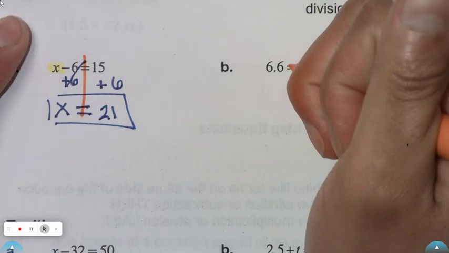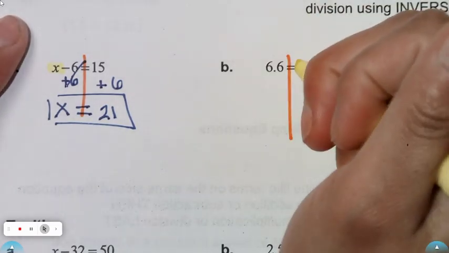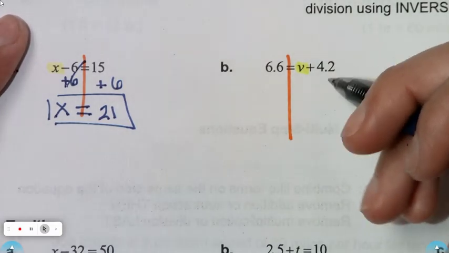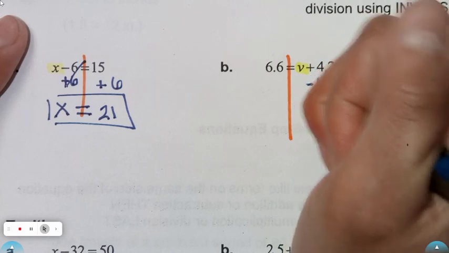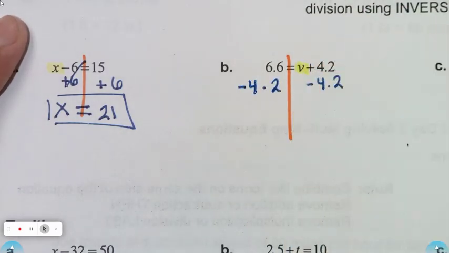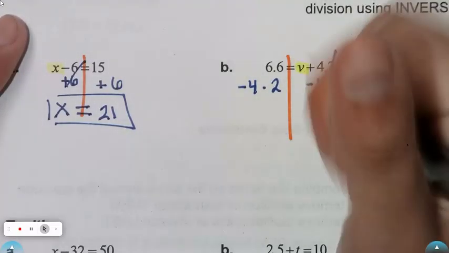Let's try letter B. I like to draw my line through my equal sign. Identify my variable, so v. The opposite of 4.2, right, it's positive, is negative 4.2. And I have to do it to both sides, so this is minus 4.2. These cancel. I bring down my letter v.